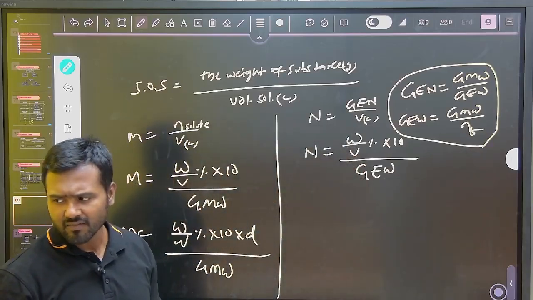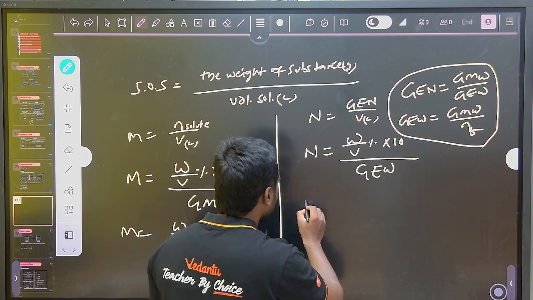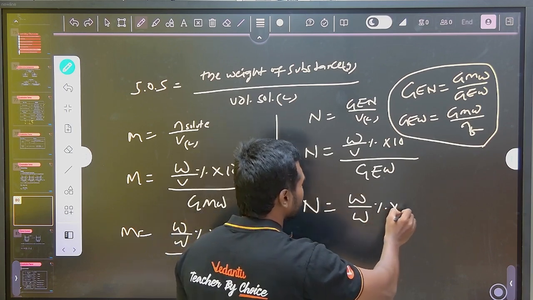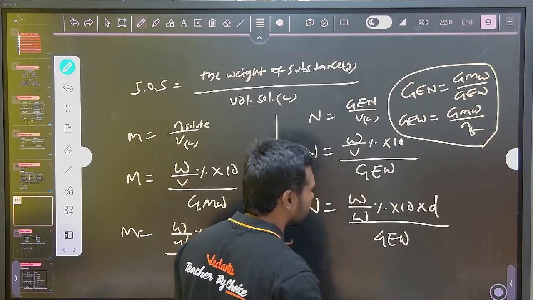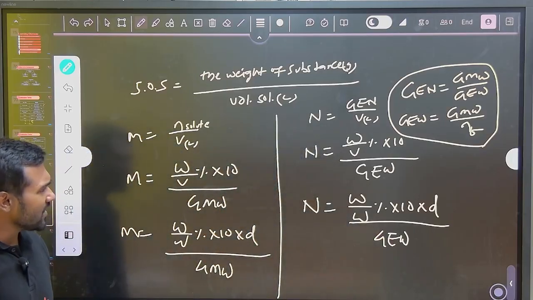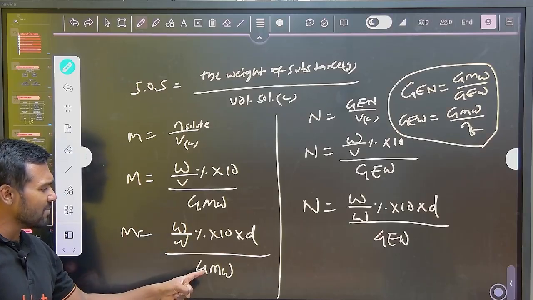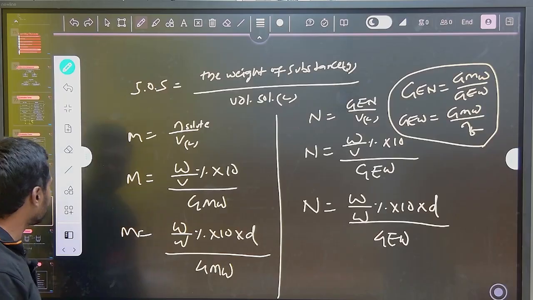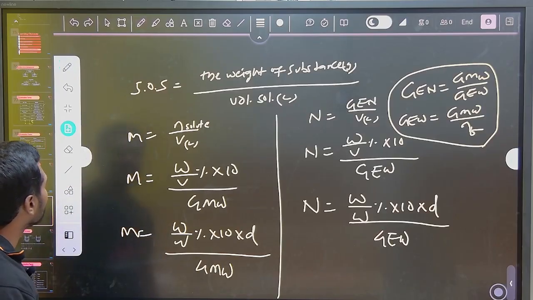So normality is equal to weight by weight percentage into 10 into density by gram equivalent weight. You can see the same formulas if we compare these two, but instead of gram molecular weight, gram equivalent weight came.